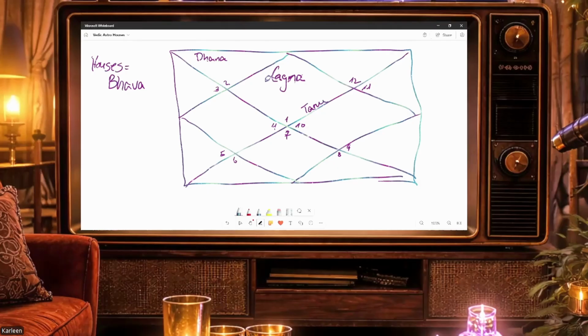Now, the third bhava is called sahaja. Sorry for my writing, but it's kind of hard on the screen here. And Sahaja is about siblings, especially the younger siblings.